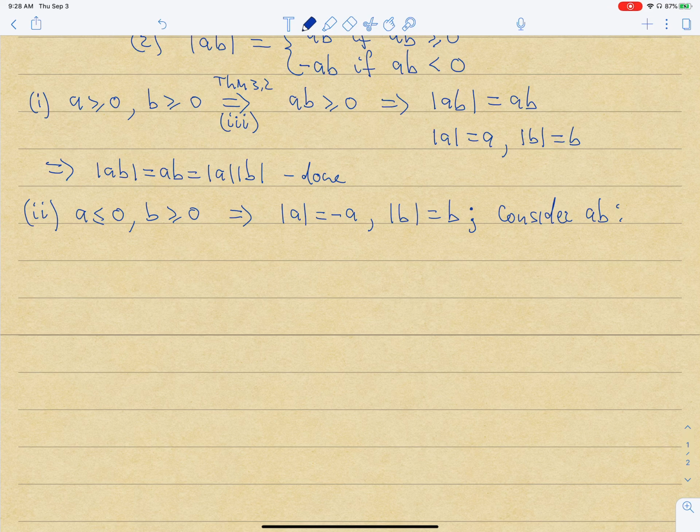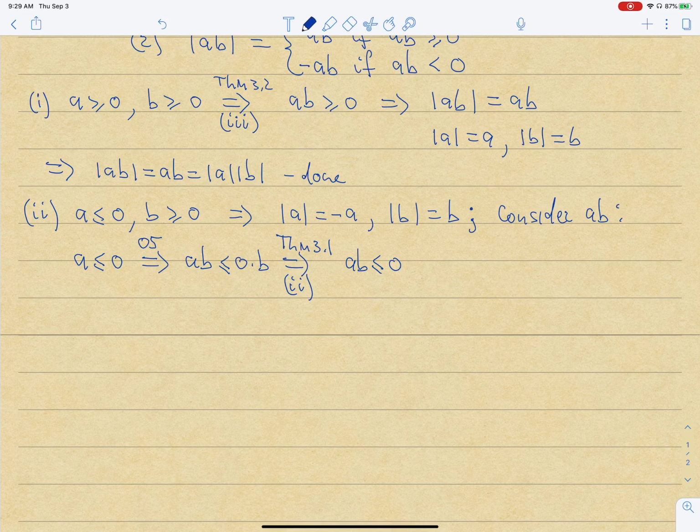So because A is less or equal than 0, by multiplying both sides of this inequality by B, which is positive, I can use the property O5 to conclude that AB is going to be less or equal than 0 times B. And then we use theorem 3.1, item number 2, which allowed us to conclude that 0 times any number is 0. So AB is less or equal than 0.